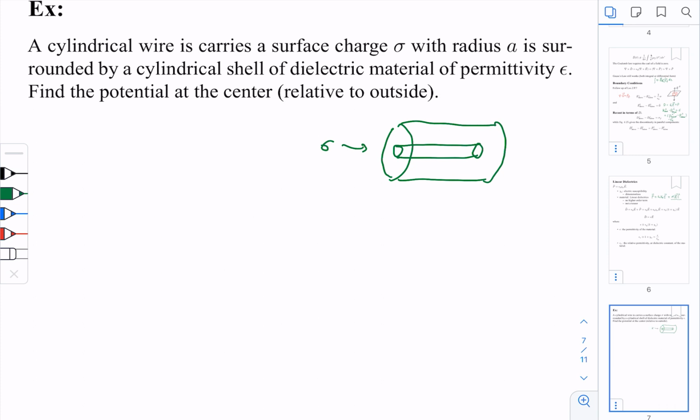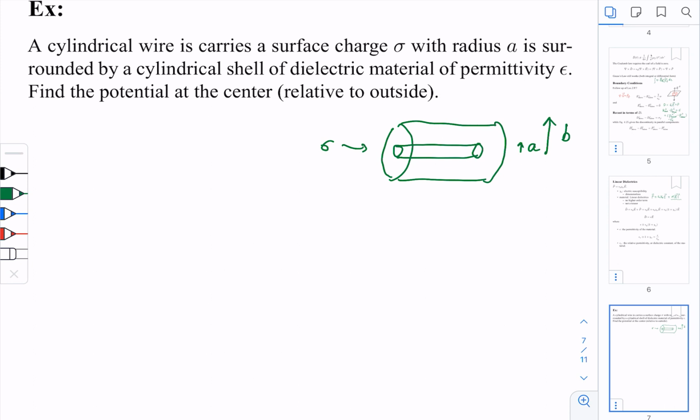The radius of the wire is a, and there is also a thick shell of dielectric material. Now let's find out the potential at the center relative to the outside.